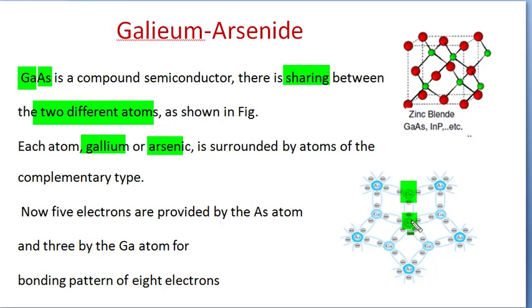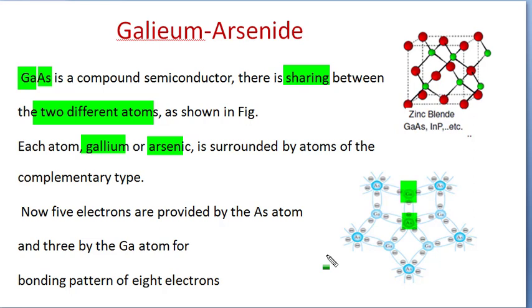Now this arsenic provides 5 sharing electrons to 5 gallium neighbors, whereas this gallium provides 3 sharing electrons to 3 neighbor arsenic, and this is how they form bonding between nearby atoms by sharing of valence electrons.